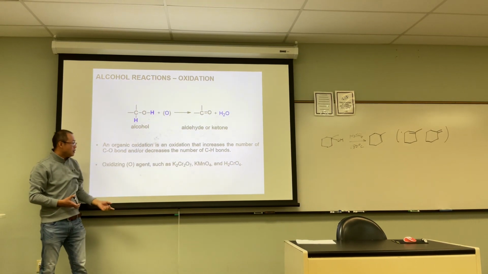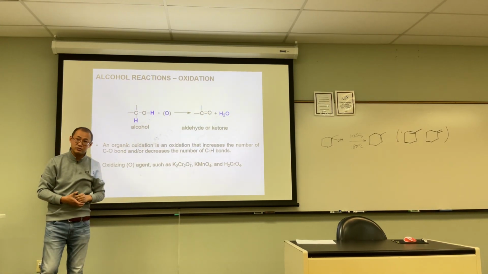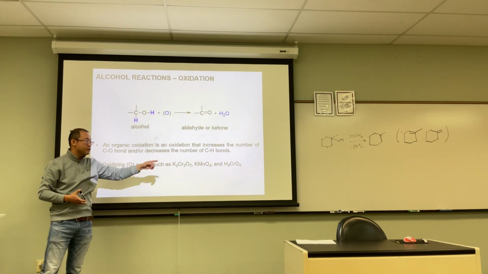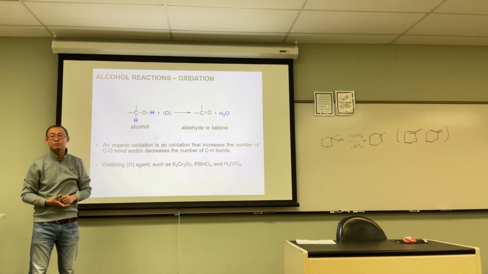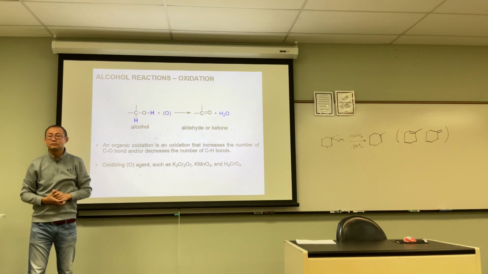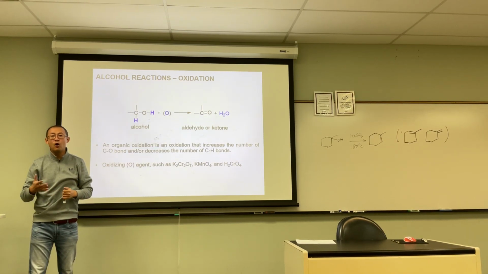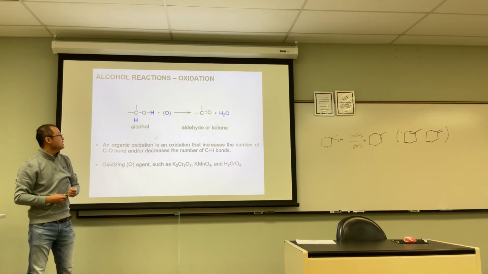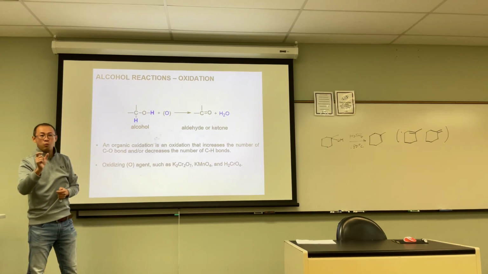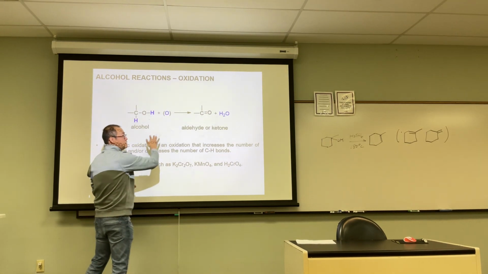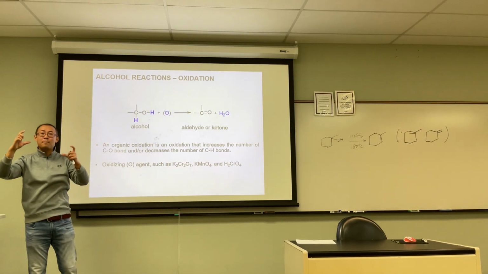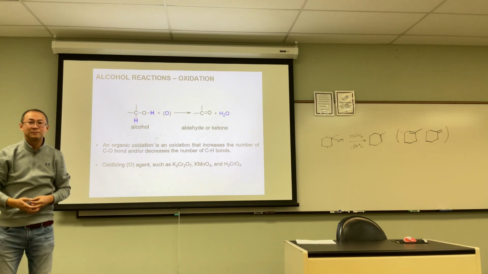And oxidation needs some oxidizing agent. These are the commonly used ones. And you don't have to memorize any of them. If I hope you can do an oxidation, usually I will put a sign like this, a big O in a parenthesis or a bracket.